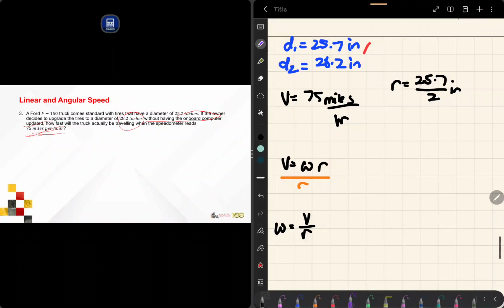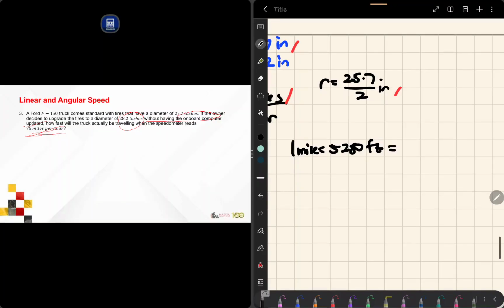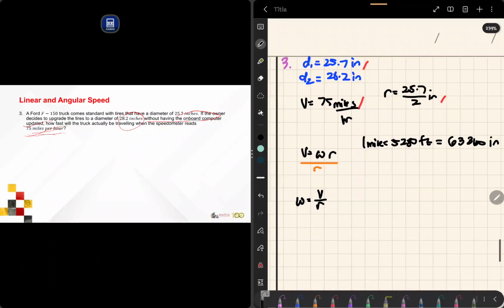Our units for velocity are miles per hour, and for our radius, inches. So let us convert one of them. Recall that for every 1 mile, we have 5,280 feet, and for every 1 foot, we have 12 inches. Multiplying 5,280 by 12 inches, we get 63,360 inches. We can use this as our conversion factor.